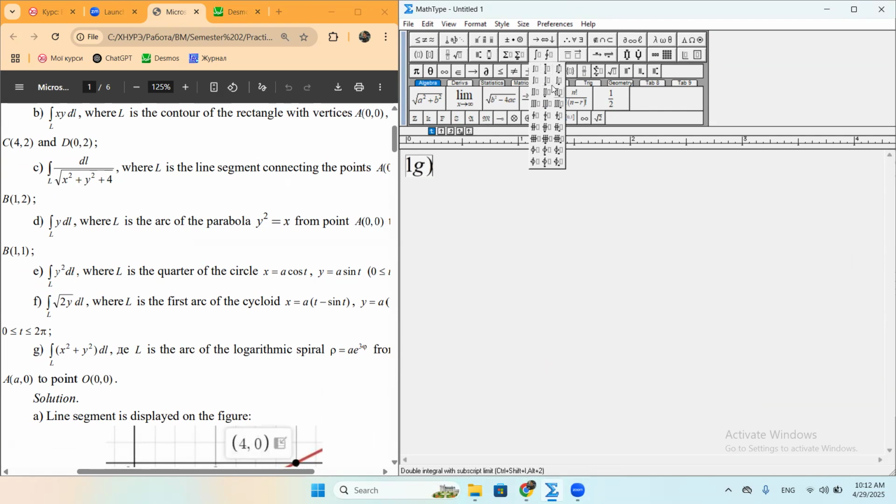So x squared plus y squared dl, and it is the arc of the logarithmic spiral. So here we have polar coordinates.